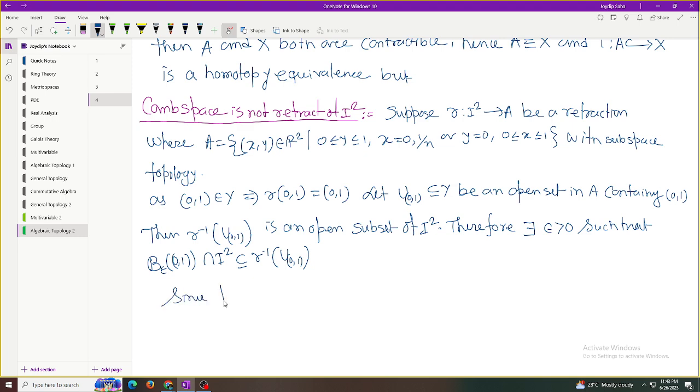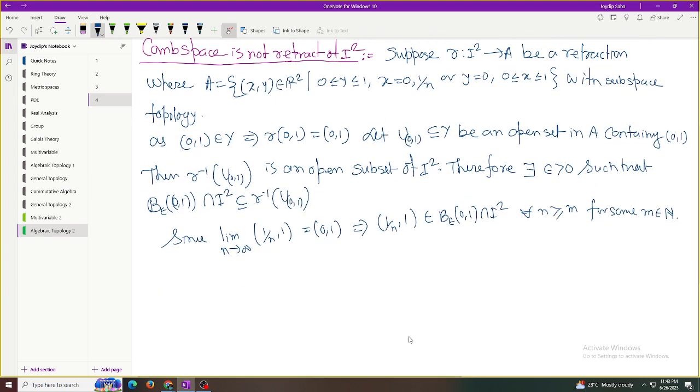Since the limit as n tends to infinity of (1 by n, 1) equals (0,1), or you can use the Archimedean property, this implies (1 by n, 1) belongs to B epsilon(0,1) intersection I square for all n greater than or equal to m, for some m in the natural numbers.